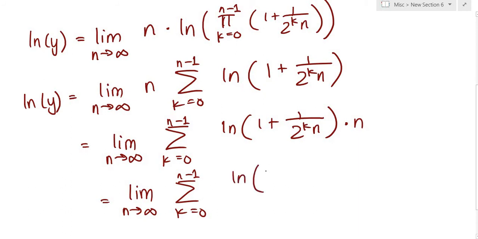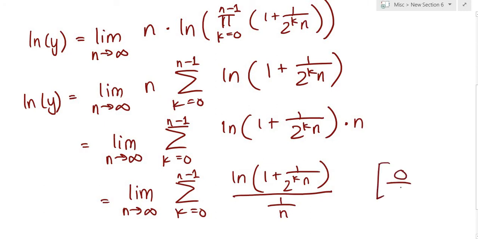So what if we write the numerator as it is, ln of 1 plus 1 over 2 to the kth power times n, and instead of multiplying by n directly, we write this as 1 over n? Because look what happens: as n approaches infinity, the numerator goes to the natural log of 1, which is 0, and 1 over n also goes to 0. So we have basically a 0 by 0 situation.